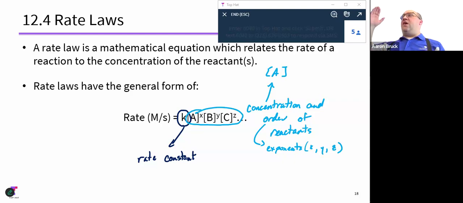If we start to change temperatures, then we're going to see that we get a different rate constant at different temperatures. And that's part of what Monday's lecture is going to be all about: what happens when we change that temperature? The other part is going to be the focus of tomorrow. The idea of this relationship between reactants and the rate, what the role of those exponents are, and how we find out what those exponents are.